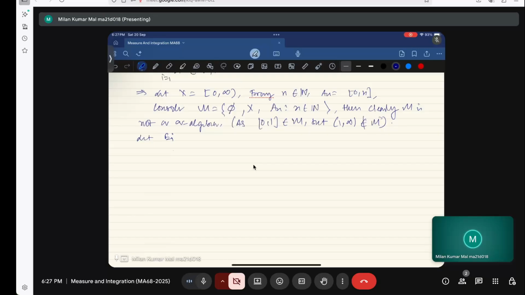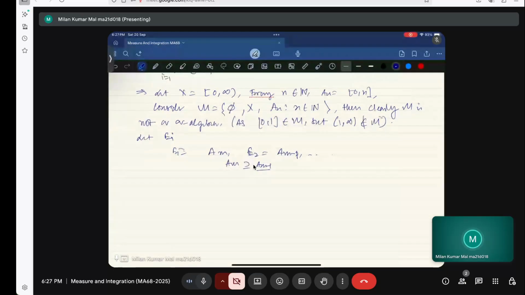For example, let's take E_1 equal to A_m, E_2 equal to A_{m-1}. In that way, clearly A_m is a superset of A_{m-1}. So in this way, whenever you reach A_m.